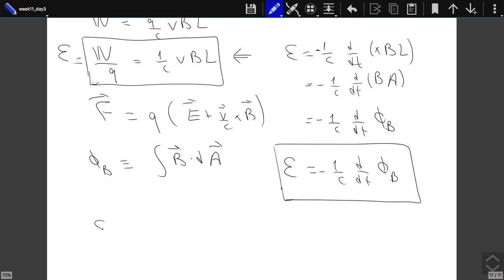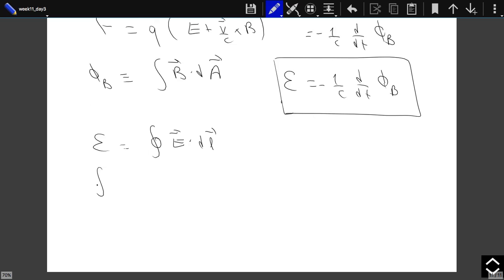So this EMF is nothing but the integral of E dot dl over our closed loop. Then this law tells me that the integral of E dot dl should be equal to minus 1 over c d by dt of the integral of B dot dA. Remember, this integral is over some area A, and the E dot dl integral is over the boundary of A.